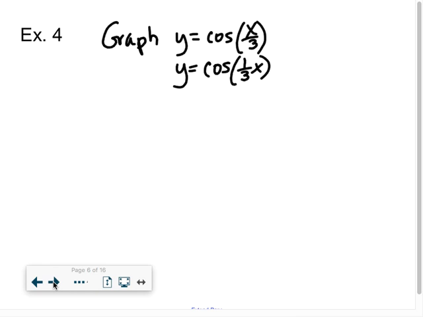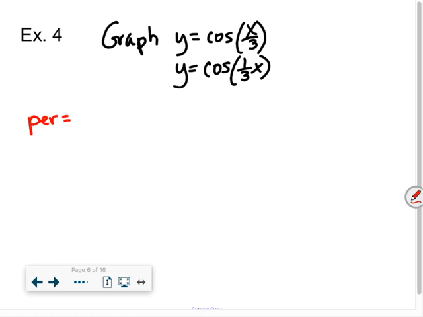And if you notice, what I have below is I rewrote it, because when I say the period length is 360 divided by b, b has to be in front of x. If there's something underneath x, I've got to rewrite it. So I have rewritten this as cosine 1/3 x.